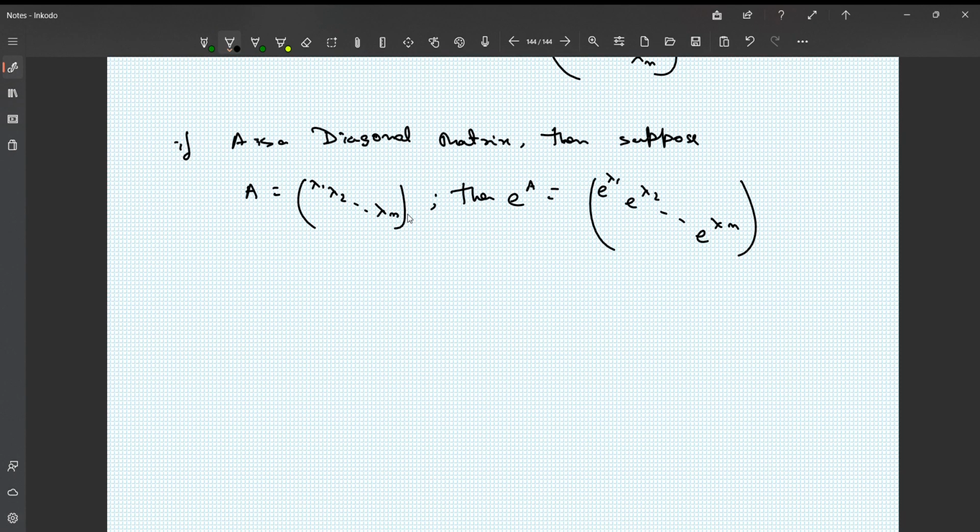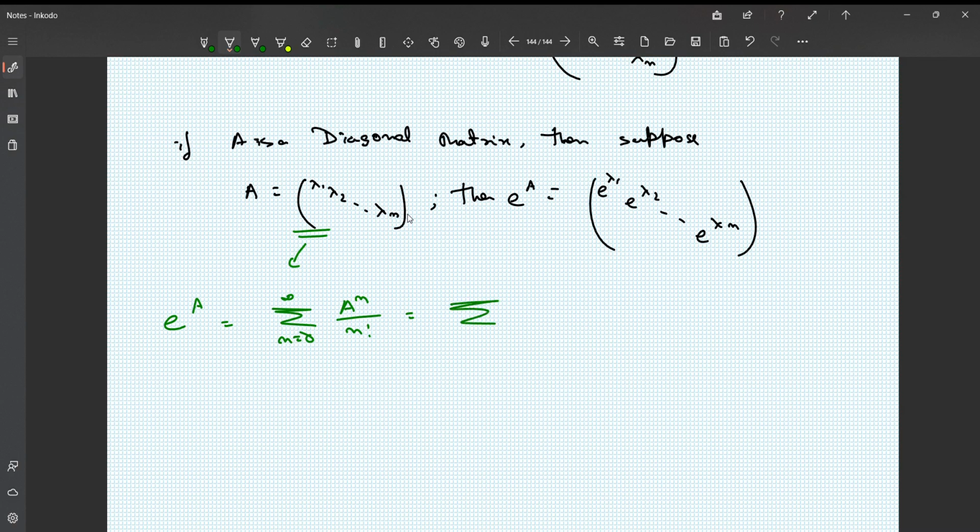It's very easy to verify. So we suppose this is A. Then what is e to the power A? By definition, it's the summation n equals 0 to infinity of A to the power n by n factorial.